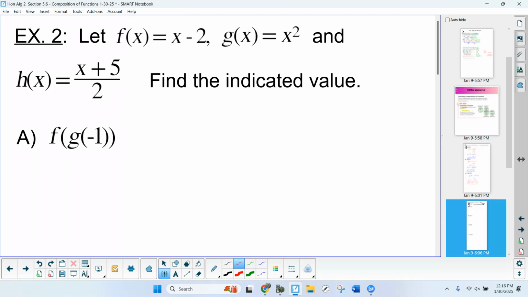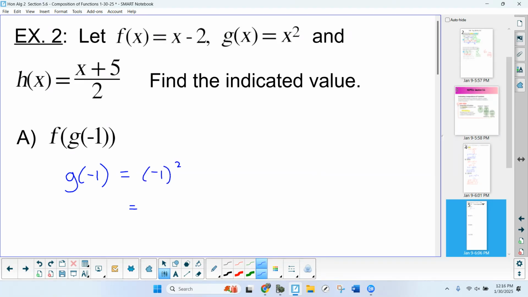F of x equals x minus 2, g of x equals x squared, and h of x equals x plus 5 over 2. So they gave you 3 different functions, but they only want you to find f of g of negative 1. So let's first find g of negative 1. Go into g and plug in negative 1, in parentheses, squared.